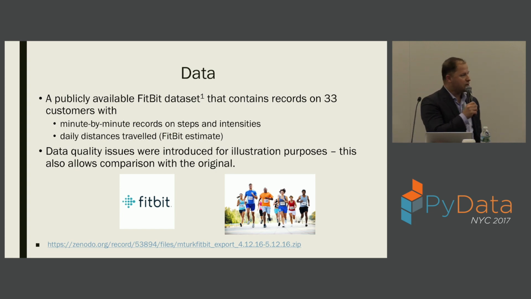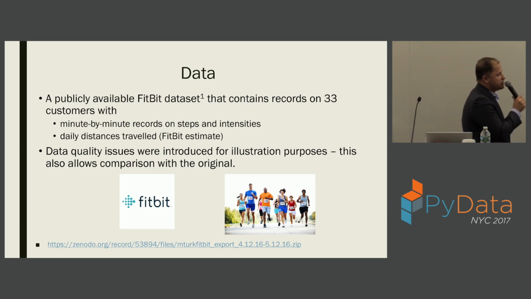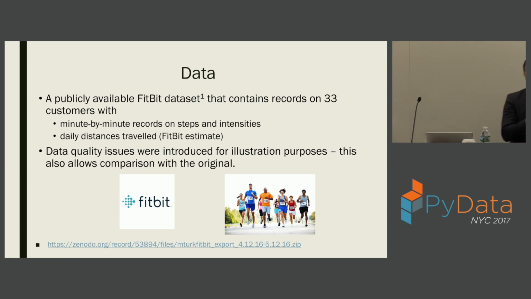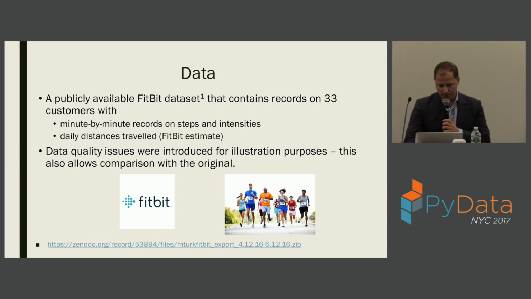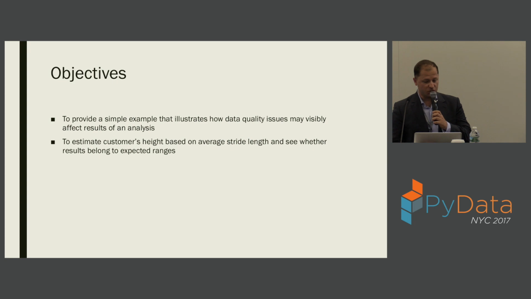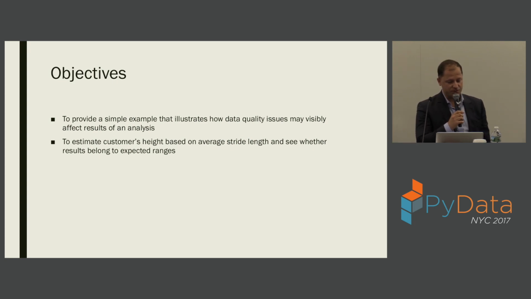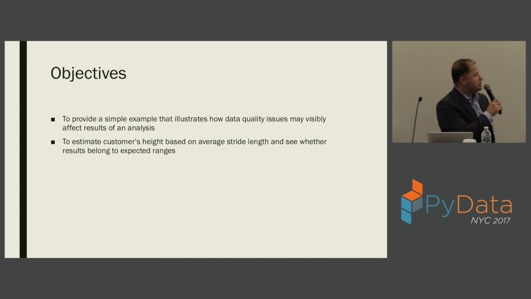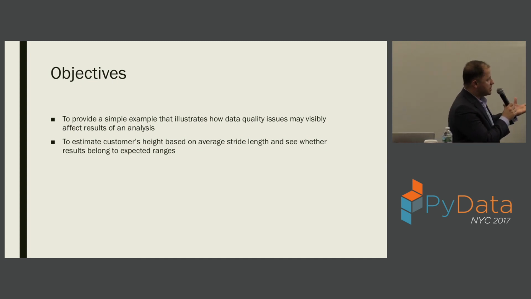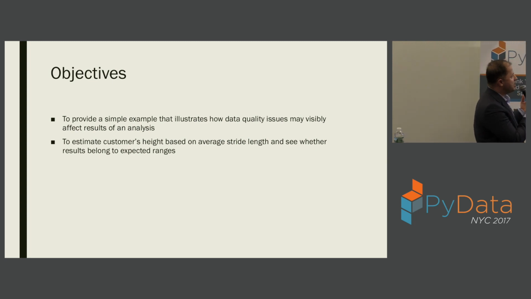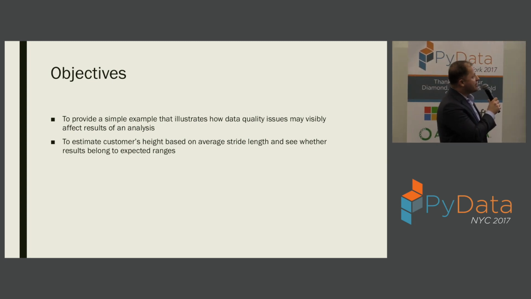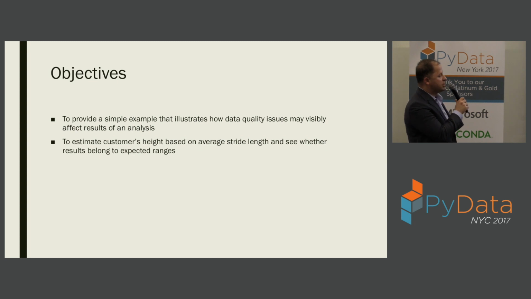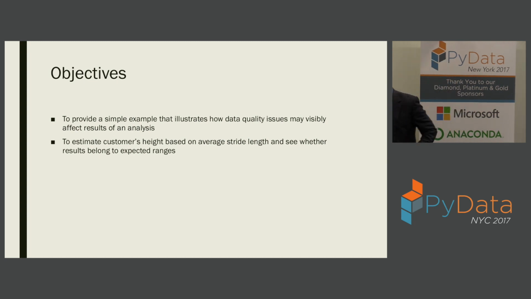Data quality issues were manually introduced by us for the purposes of this demonstration, with the objective to provide a simple example that illustrates how data quality issues may affect the results of the analysis, as well as, the more tactical objective, to estimate the customer's height based on the average stride length and see whether the results fall within the expected ranges.